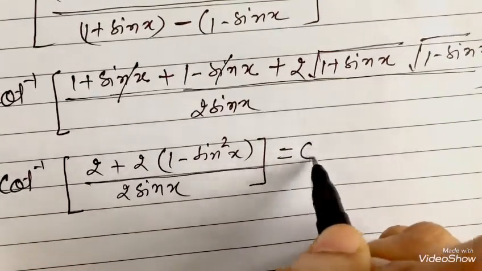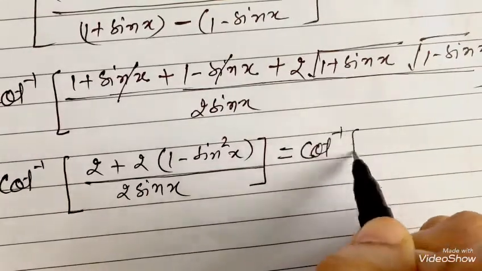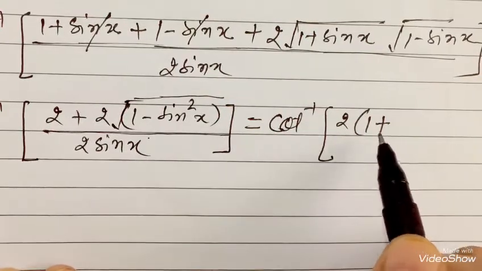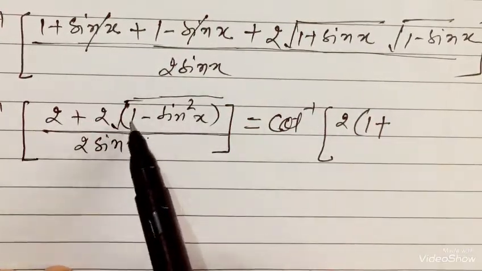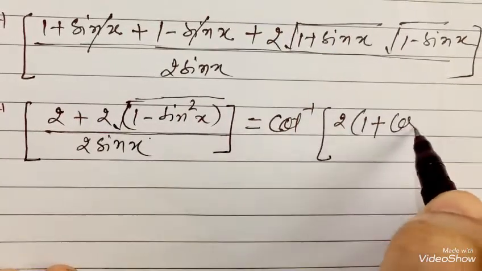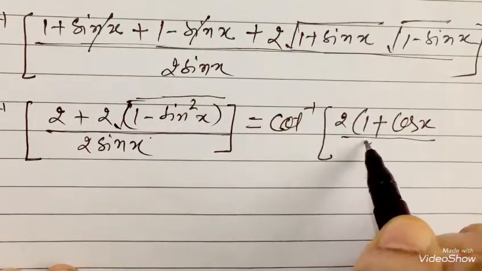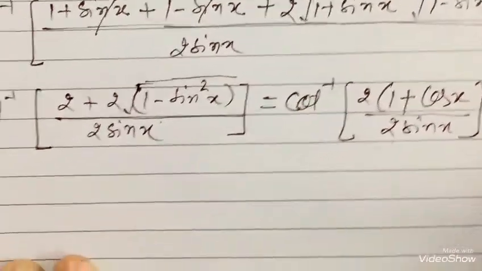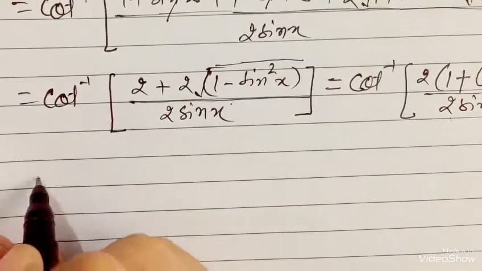Now students, take a common: 1 plus under root 1 minus sin square x, it is cos square, so it is cos x, and here it is 2 sin x. So 2 will cancel, students, and again apply the formula.